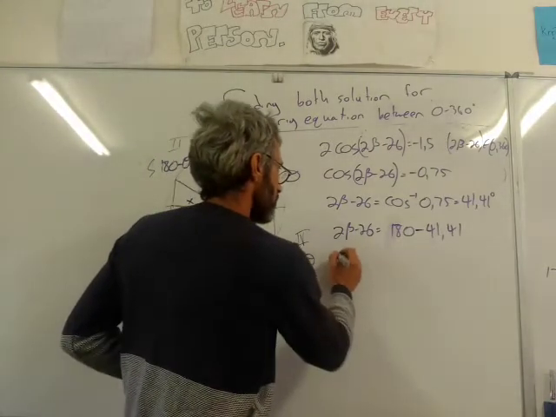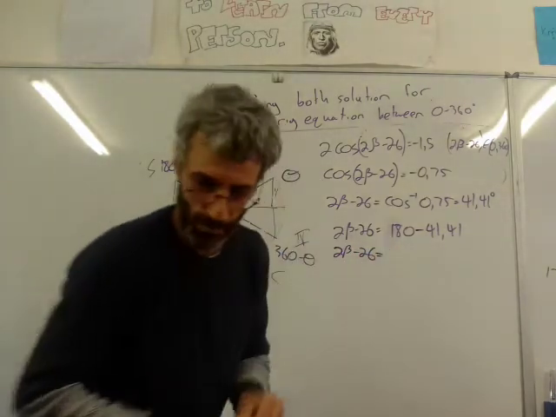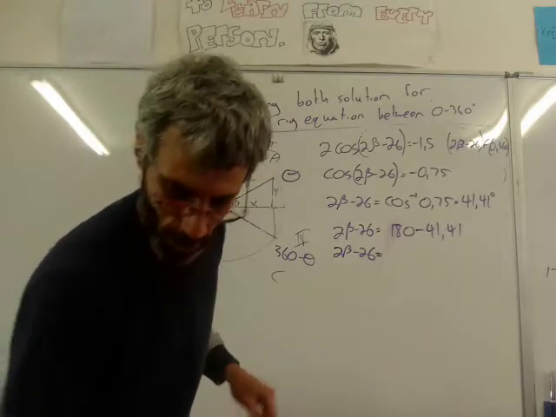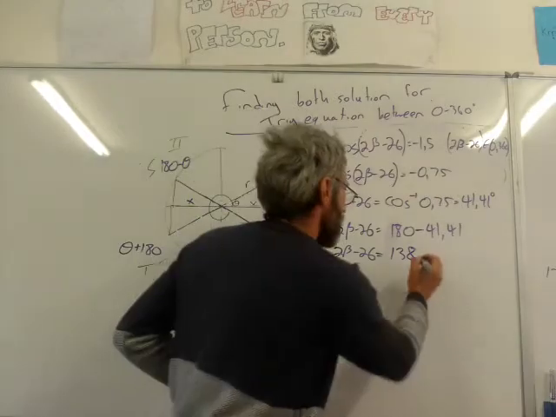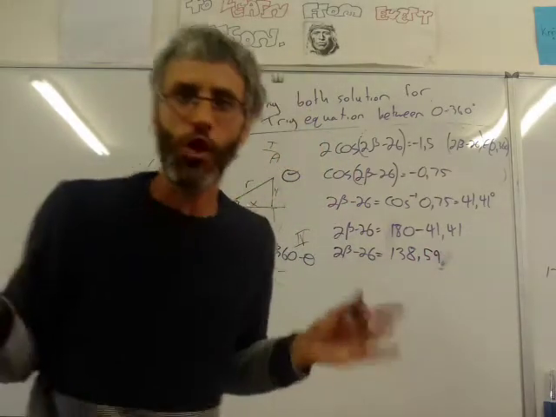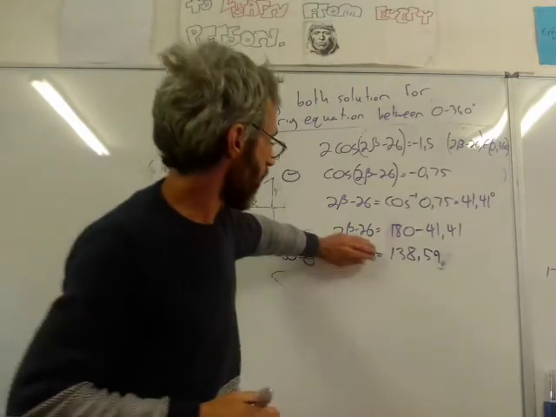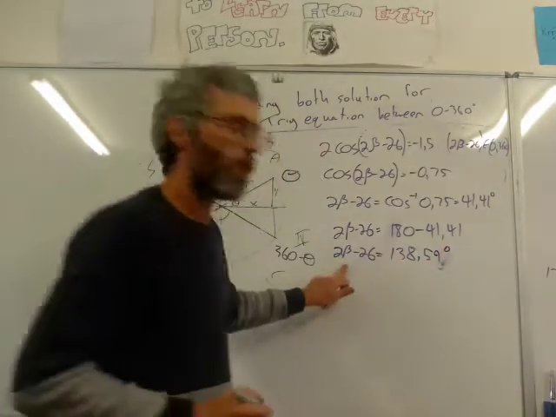In other words, 2 beta minus 26 is equal to 138.59. This is where we kind of stopped in our last problems, because we had theta on the one side and then we got the answer. But now we don't have a theta, we want to know beta.